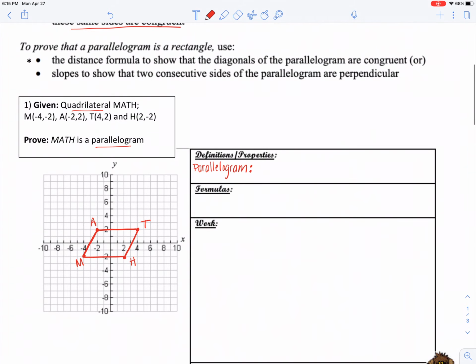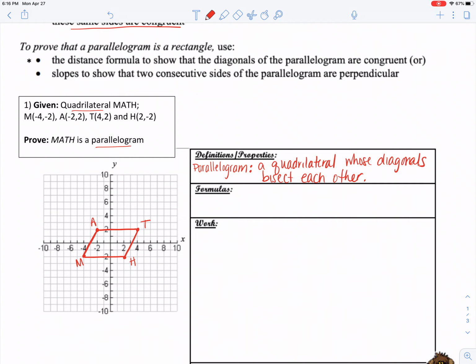So a parallelogram is a quadrilateral whose diagonals bisect each other. If you're going to use one of the other methods, okay, it'd be easy enough to Google it if you wanted to, and then you would use that property.